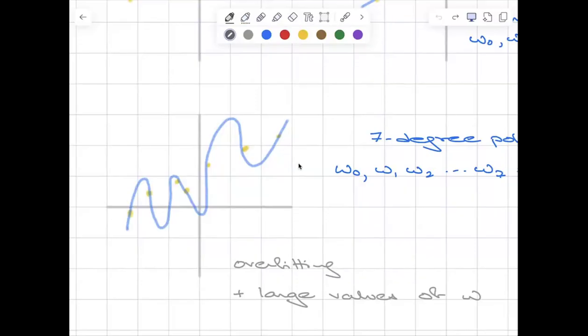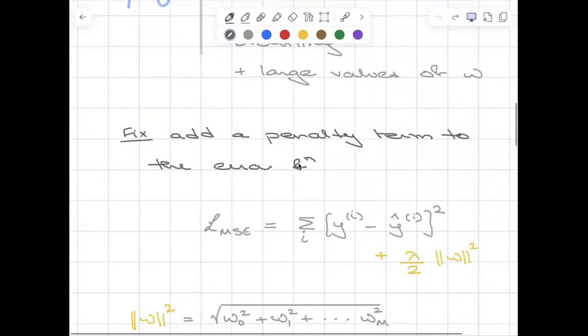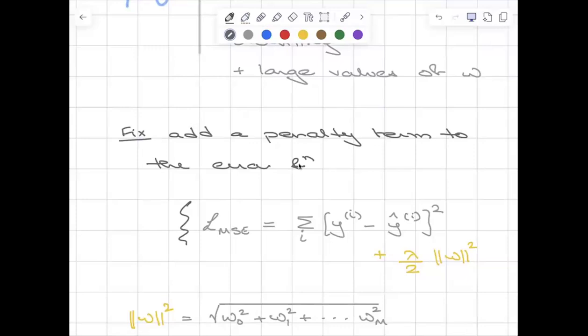The idea being that because the objective function is still a minimization problem, it will push the values of the slack variables as low as possible. We'll do the same thing out here. So I have my loss function as before, and then I'm going to add lambda upon 2 times the norm of w squared.